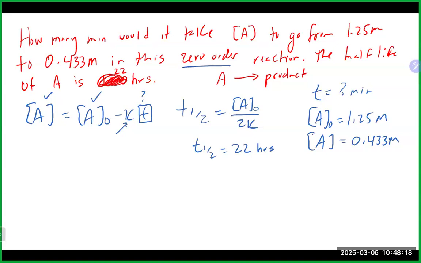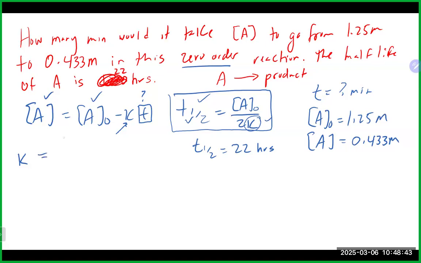And that is where we will need to use our half-life equation here, because we actually do have the half-life. So that will allow us to solve for the rate constant. So if you rearrange that half-life equation for K, this guy and this guy basically just switch places, right? Multiply the K to the other side, divide the half-life to the other side.